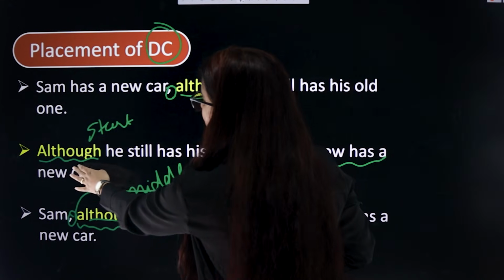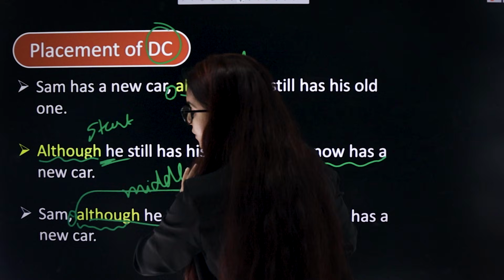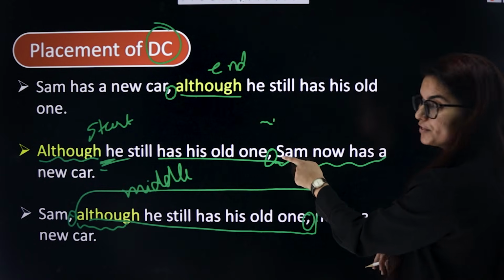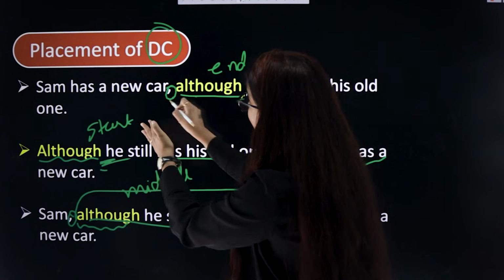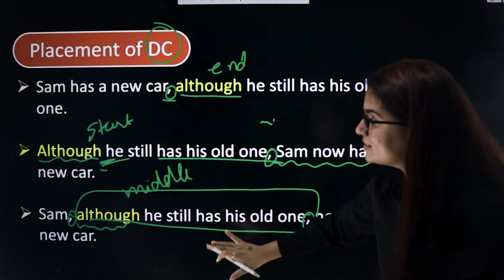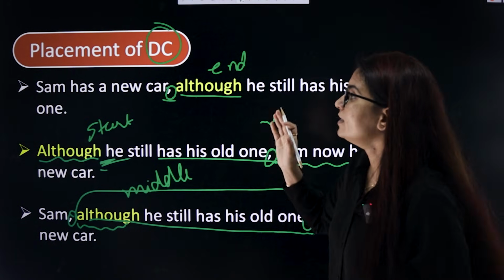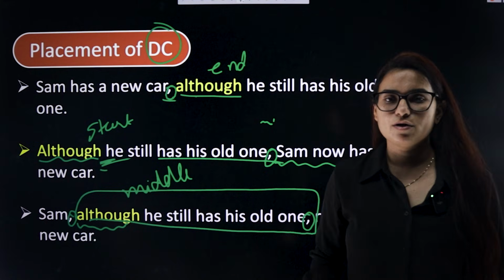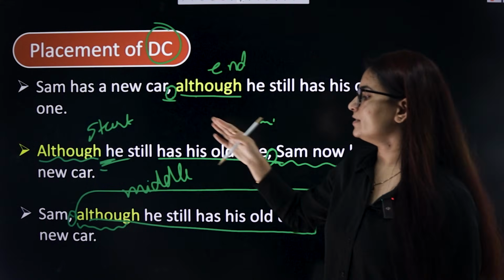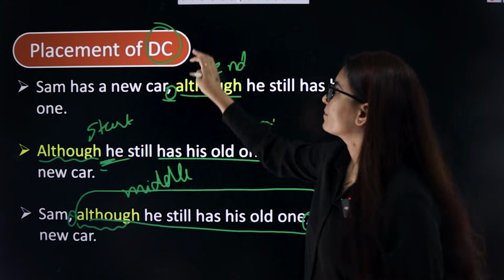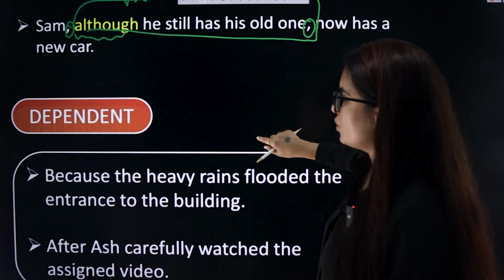If you have "although" at the start, you don't have to put a comma here. You only have to put a comma here. Analyze these sentences properly to understand where I can put my dependent clause: at the start of the sentence, at the end of the sentence, in the middle of the sentence. Okay? Now, let's move on to the next part.